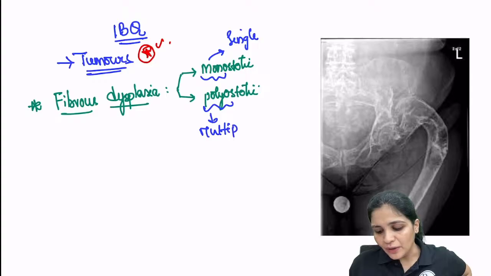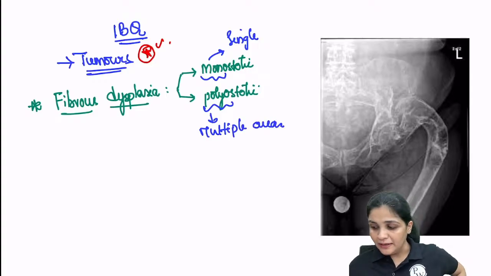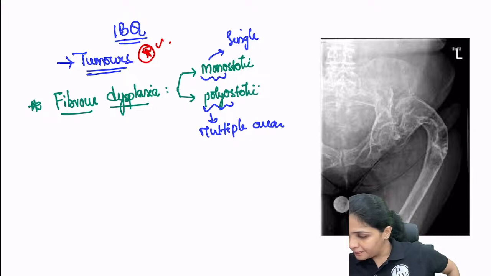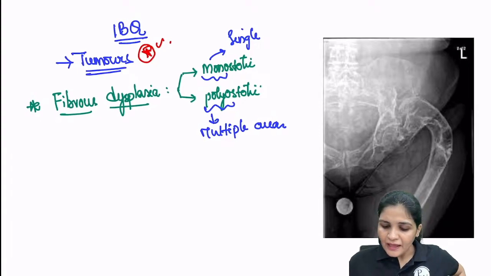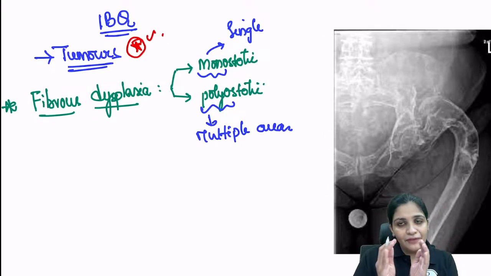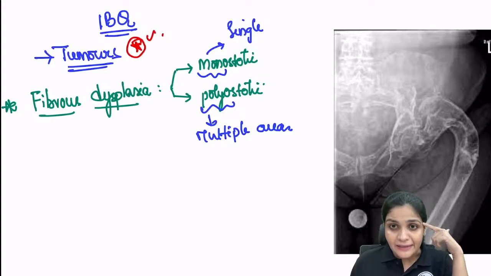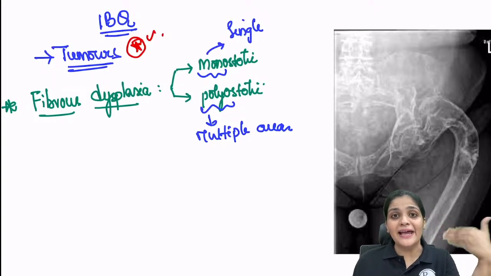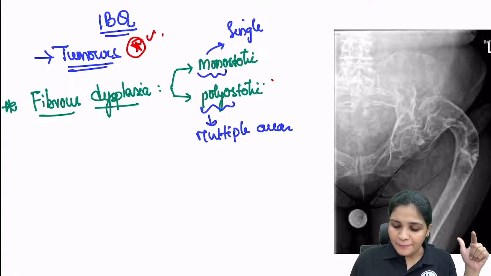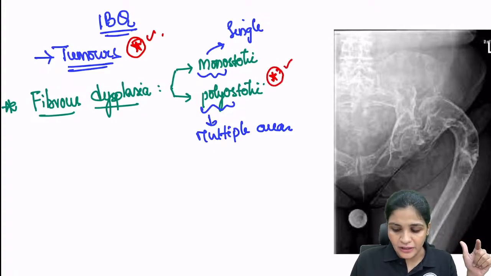So whenever you come across this tumor, whenever you see a patient with fibrous dysplasia, you have to immediately think in mind that this fibrous dysplasia can be present somewhere else also, because it can present as a polyostotic form.